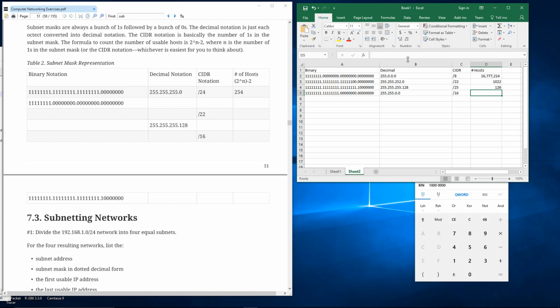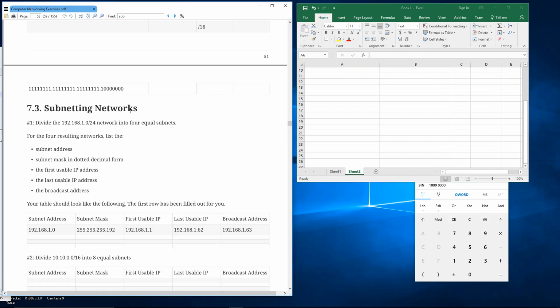No calculator needed. Equals 2 to the, so what do I use here? Think in your mind. What's the number? 2 to the 16th minus 2. So I could put 65,000 computers on this network, more than I reasonably would want to, but technically that is correct.